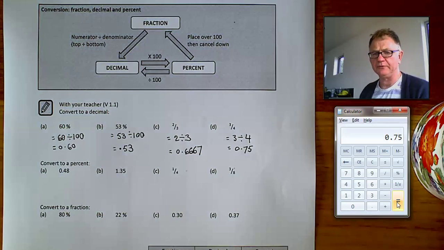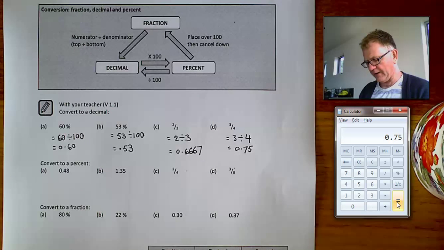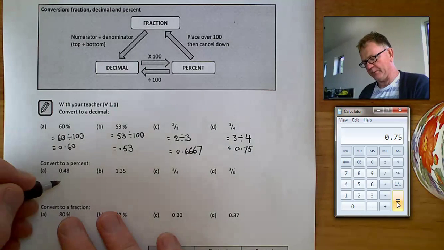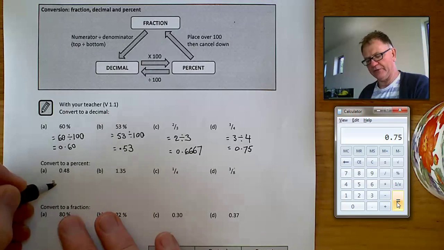Questions number 2 at the back are just like these ones, so it'd be a good spot to try some for yourself now. Now we've got to convert some decimals into percentages. Now, to do this, all you need to do is multiply it by 100%.